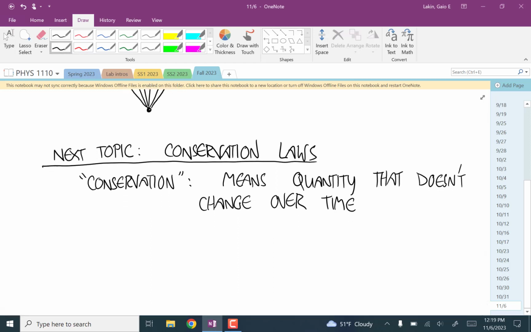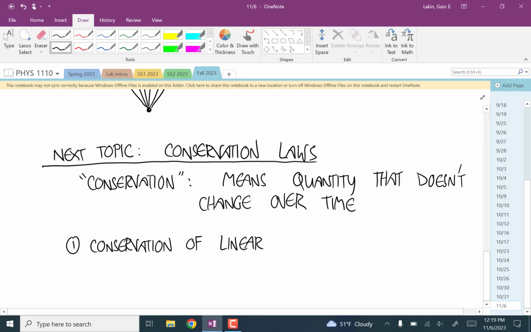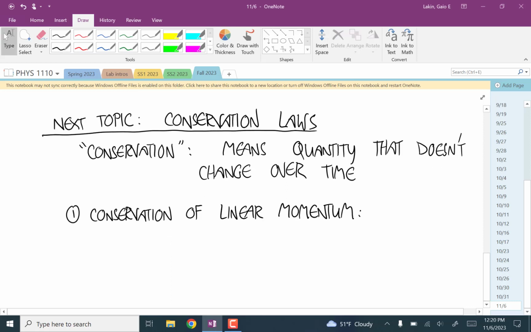So the two that we're going to be dealing with are conservation of linear momentum, and we haven't talked yet about what linear momentum is, but we have to define that.